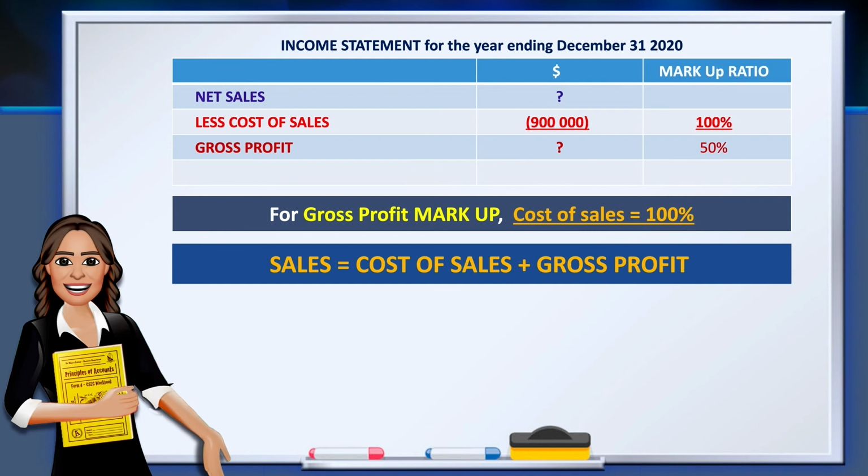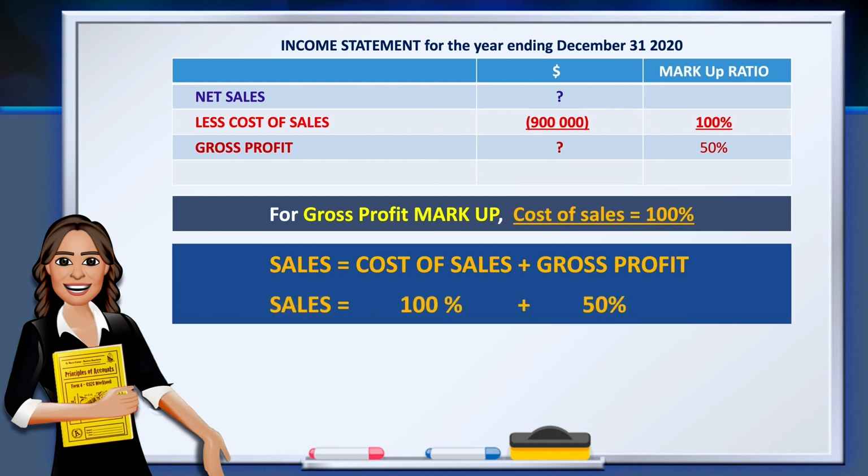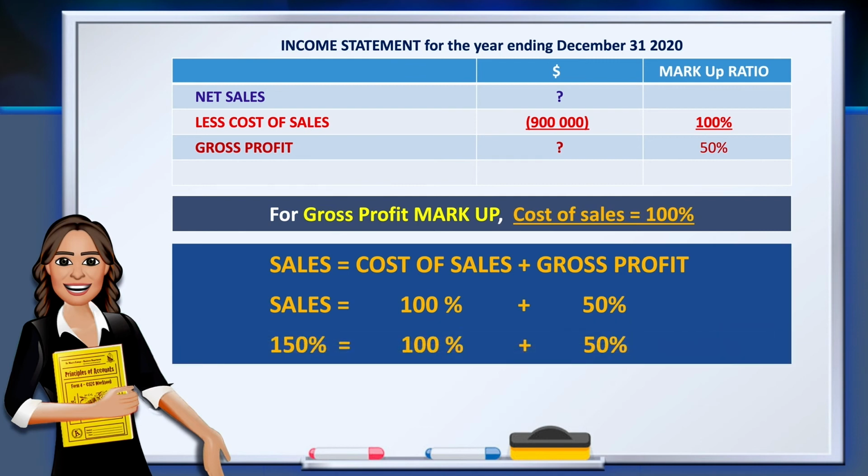So if sales is equal to your cost of sales plus your gross profit, and your cost of sales is 100% and your gross profit is 50%, therefore your sales expressed as a percentage would be 150%.